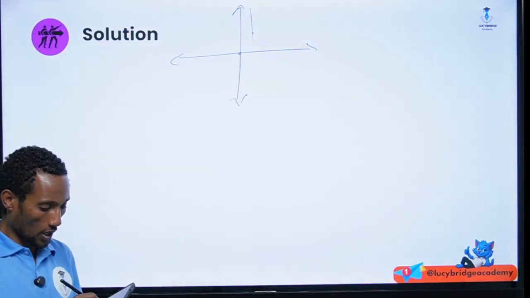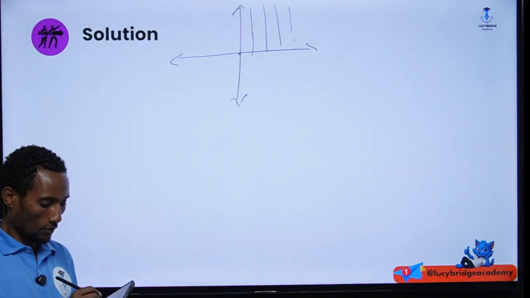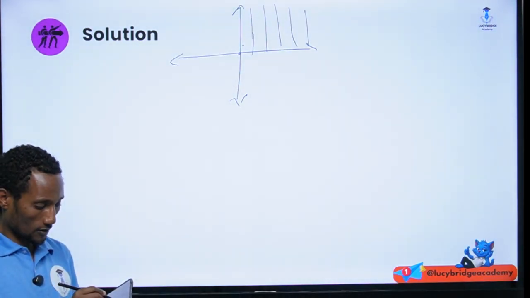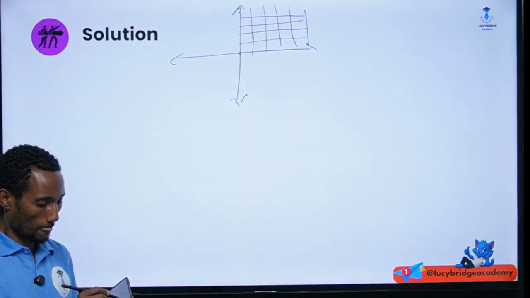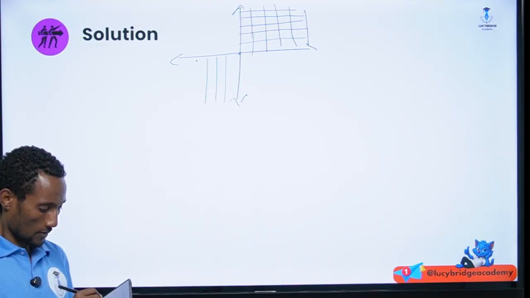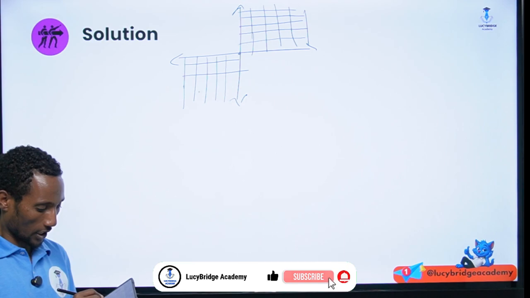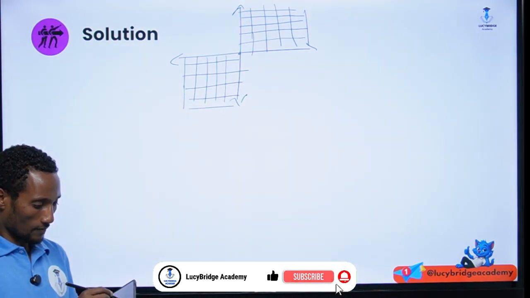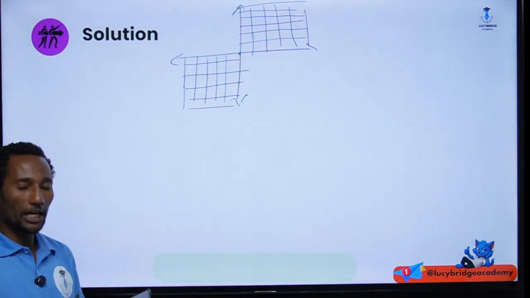To draw the values, you can have a dimension like this.